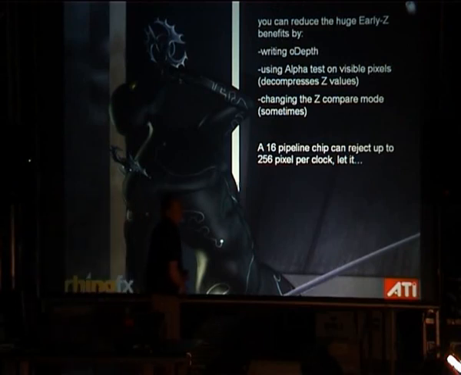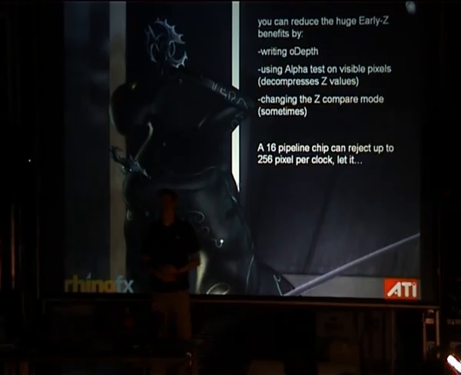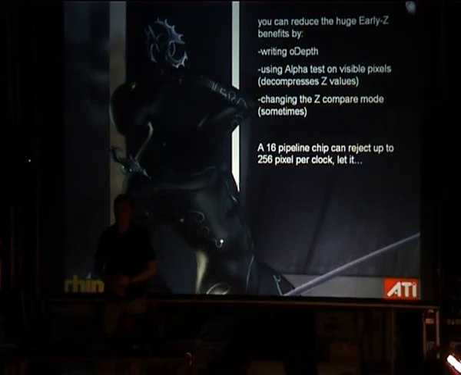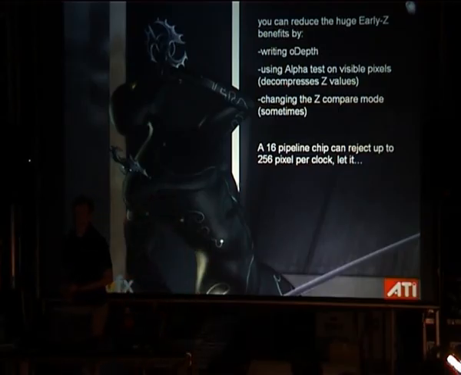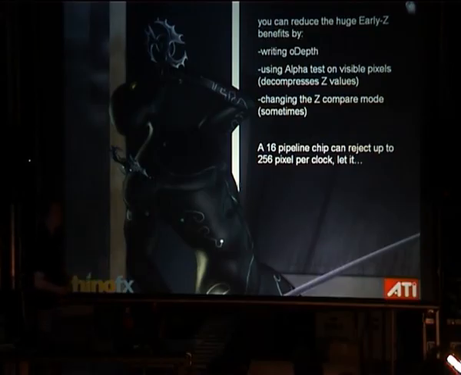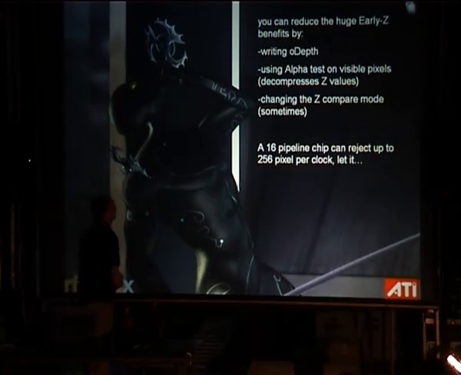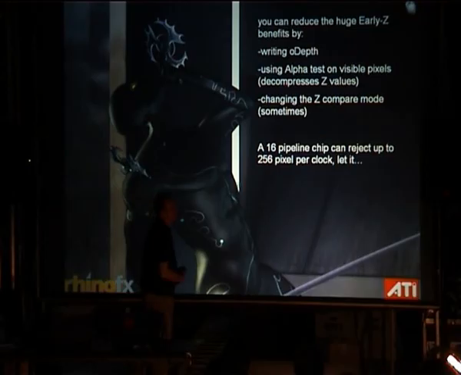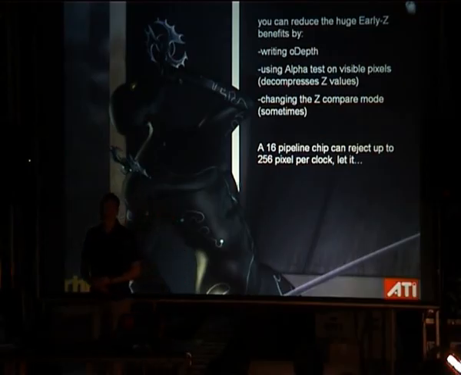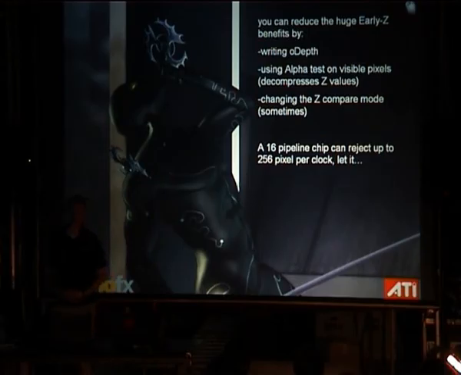If you really want to wreck our early Z benefits, then write to ODEF. Obviously, don't do that. If you use alpha test on visible pixels, you will actually decompress the Z values that we are trying to compress to make them faster.